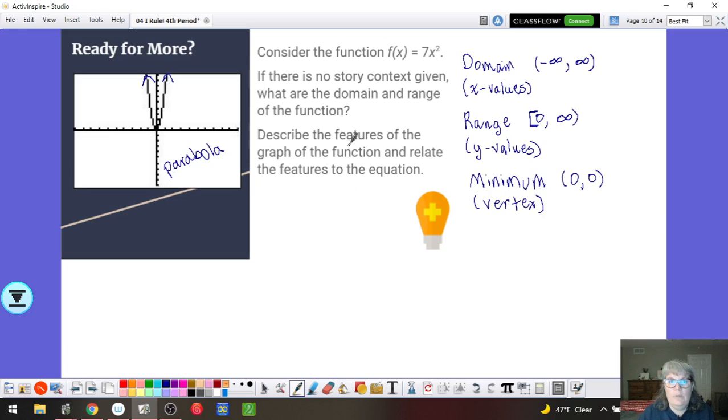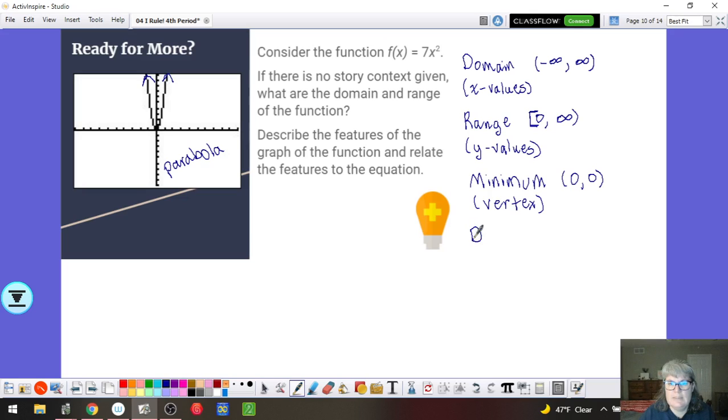Now another way we can describe some features is, even though this is showing that it's going up on the left, when you're describing a graph and where it's increasing and decreasing, we read it from left to right and we follow what our pencil would do. So on this graph, on the left side, it's actually decreasing.